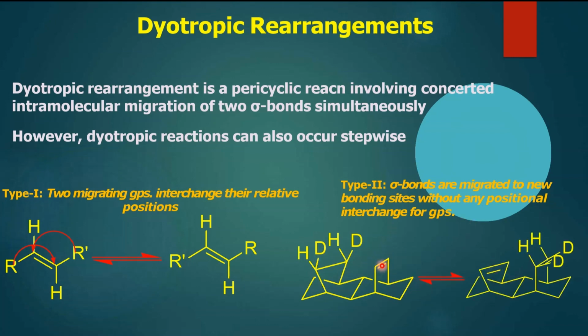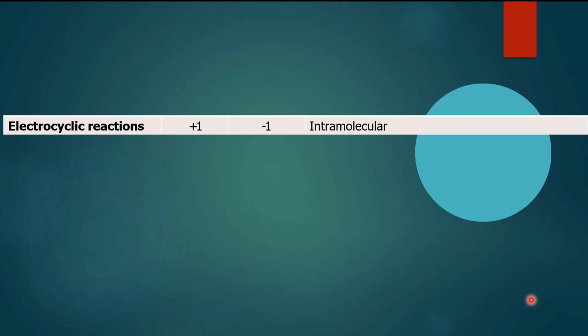And here the double bond over here has shifted to here. Interchange of pi electrons with that of the sigma electrons has taken place. Only the position has shifted, and it is completely intramolecular. These are the seven varieties of pericyclic reactions.